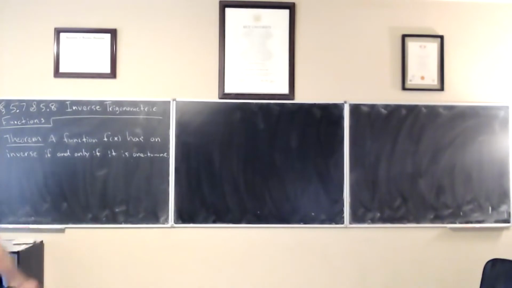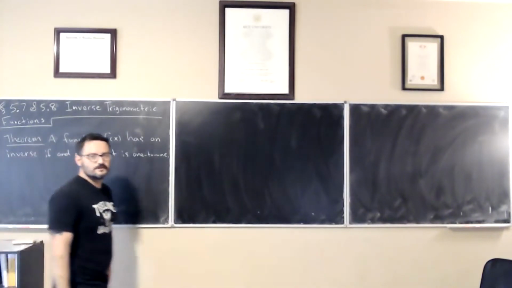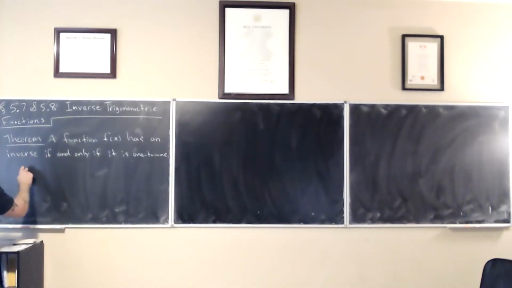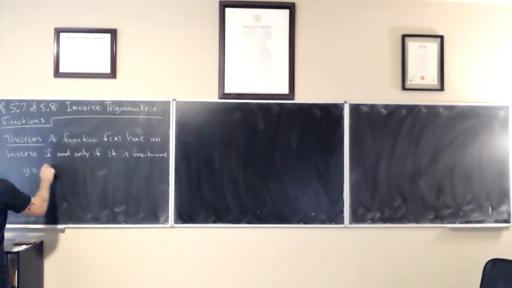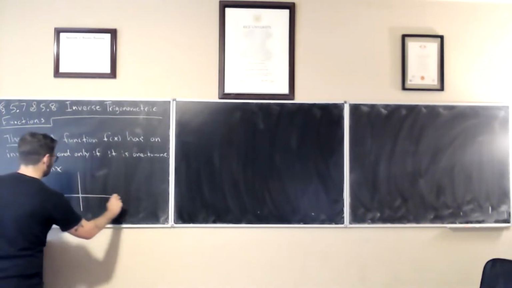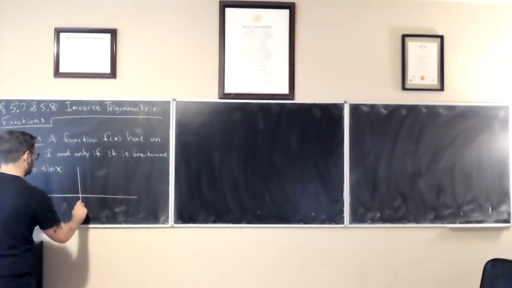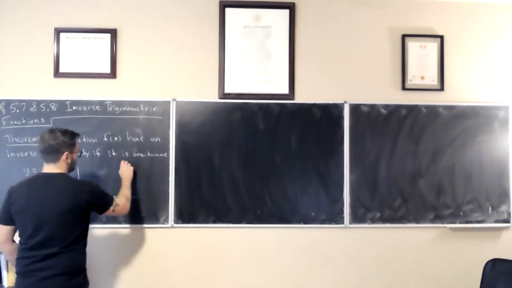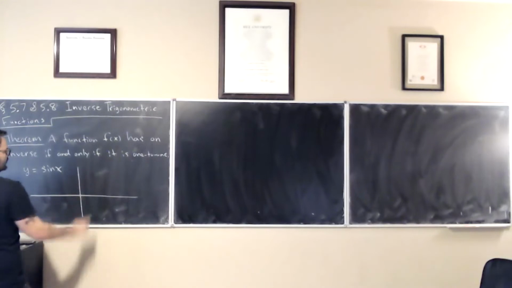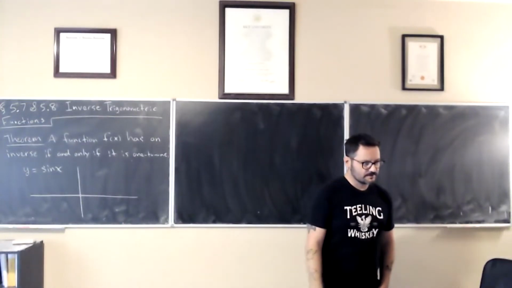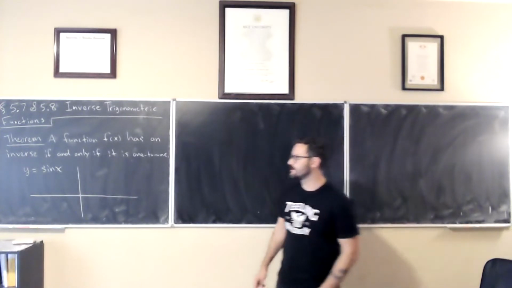Now, clearly, the trig functions are not 1-to-1. So if I just look at the graph of sine, for example, what does this look like? So what's sine's value at 0? Kind of refresh your memories if you can.